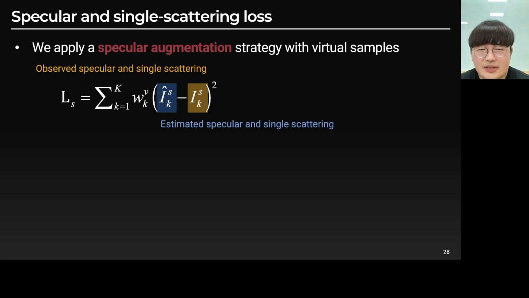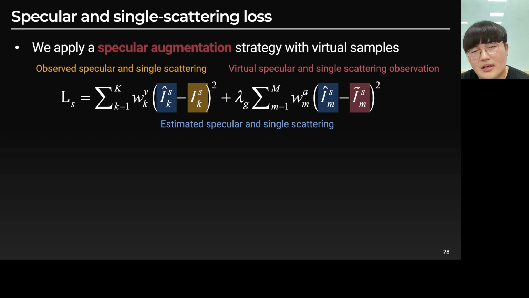This is a specular and single scattering loss, where the first term is about the difference between the observed and the predicted specular and single scattering. Since the number of observations of specular reflection is insufficient, we devised a novel augmentation scheme in twofold.